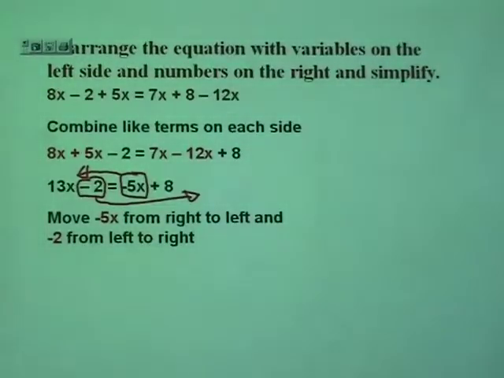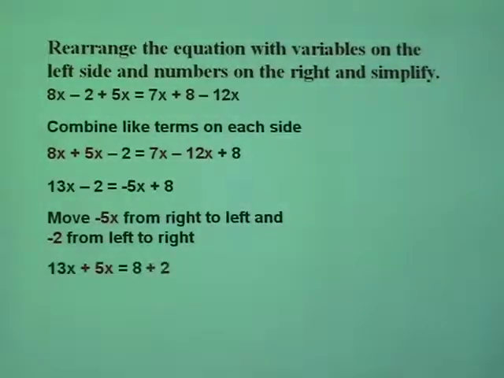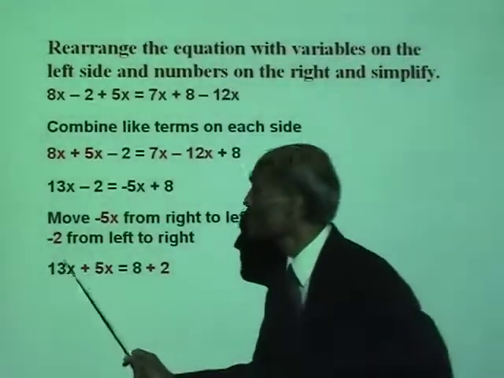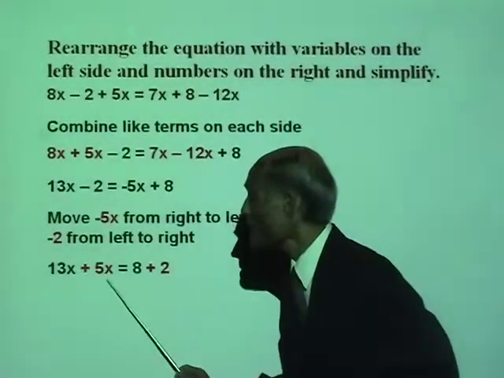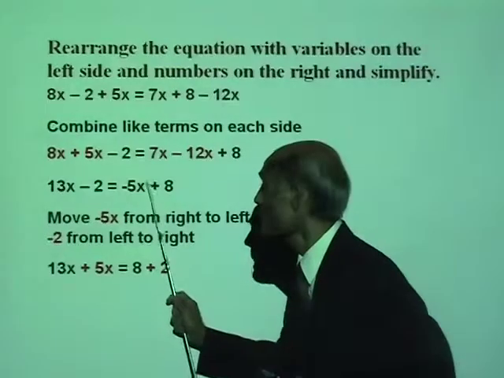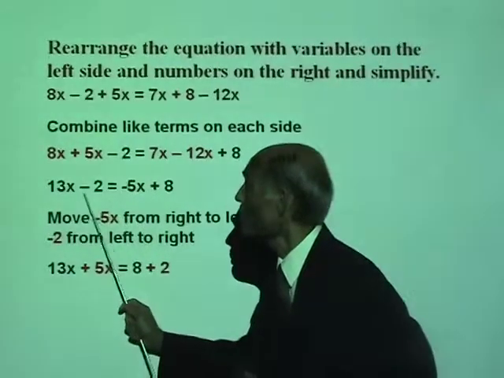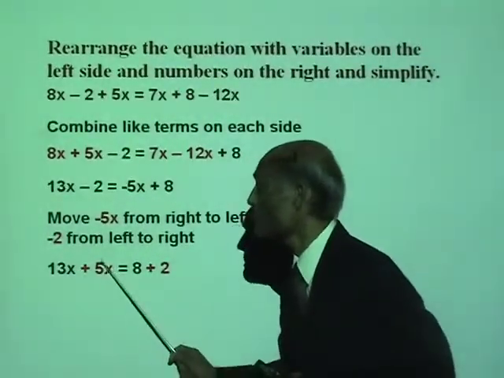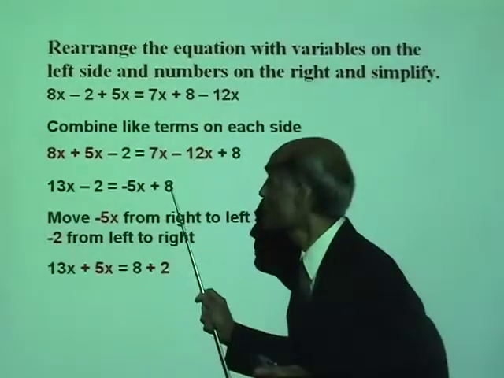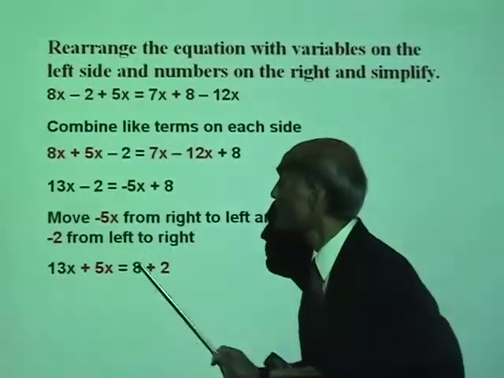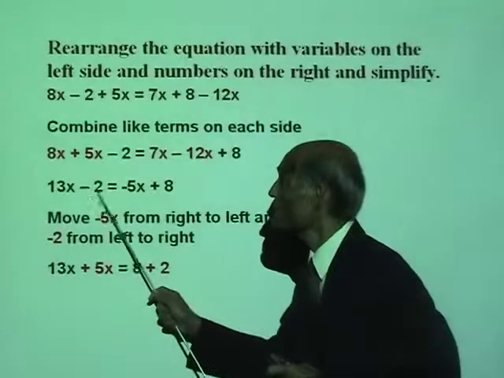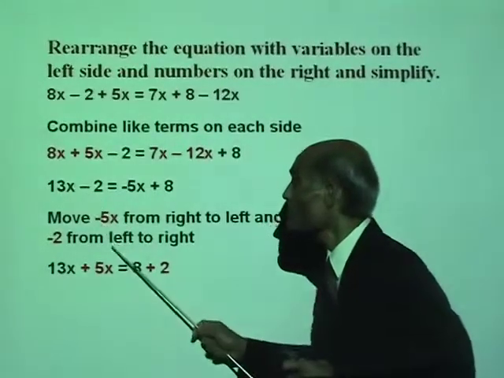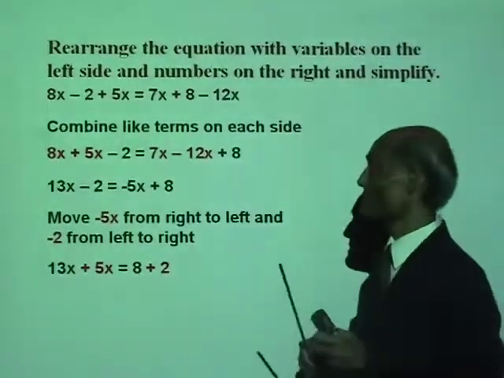Alright, let's write that down now. So we have 13x plus 5x. Well, that negative 5x moved to the left became positive 5x, equal to 8 is already on the right side. The negative 2 moved from the left to the right became plus 2.